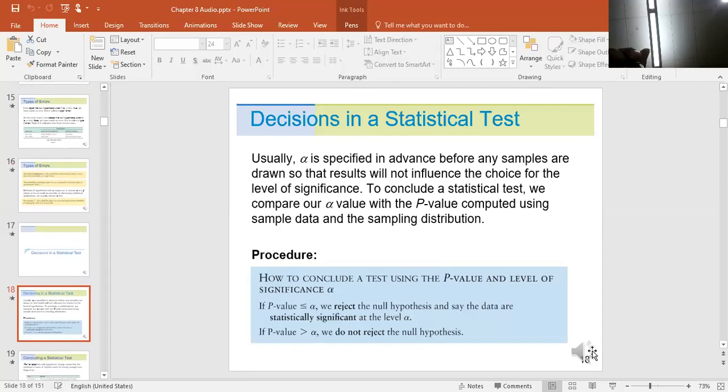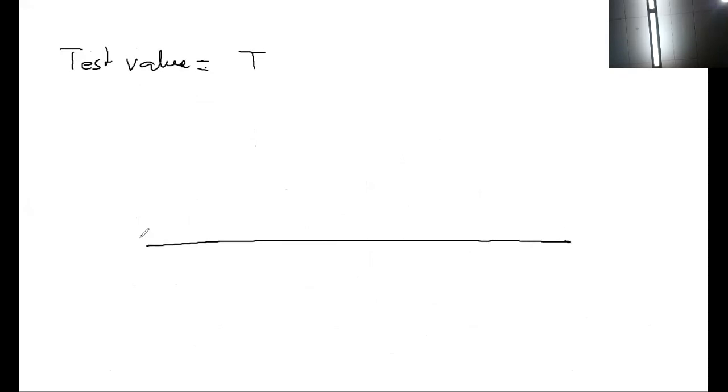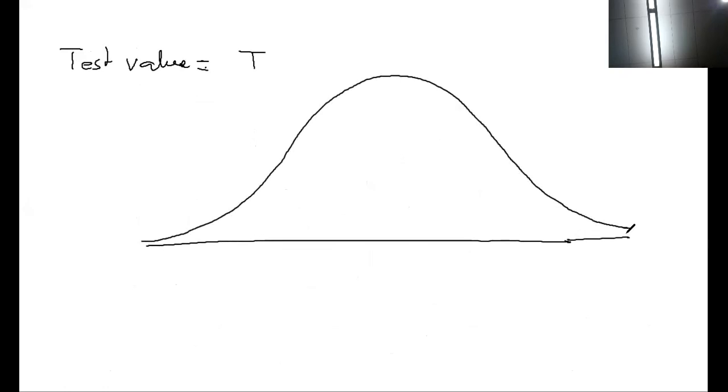I'm going to explain the notion of p-value and critical value using the whiteboard. So what we are doing is this. We are going to compute value. Call it T. We are using the example of the mean.